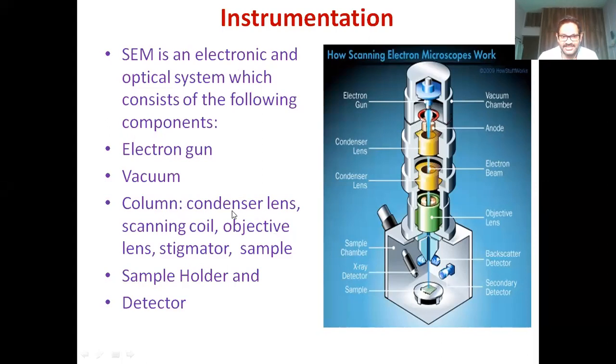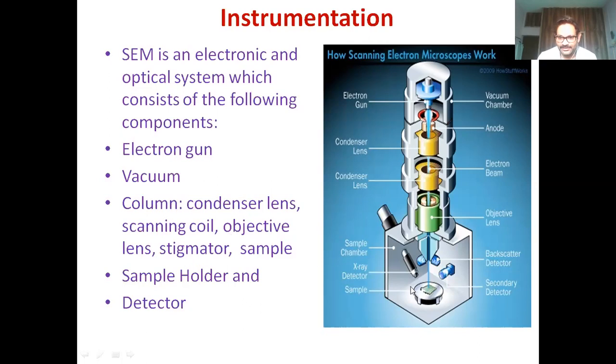This column consists of the condenser anode, condenser lens, and objective lens. Then the stigmator. This stigmator will correct the signals or the lenses. The lenses will be corrected by this stigmator. Optical correction will be given by this stigmator.